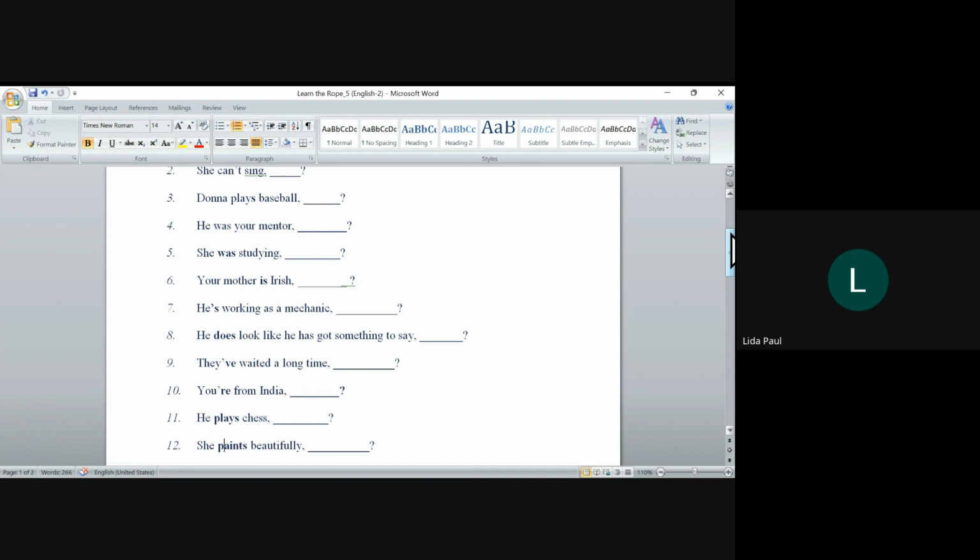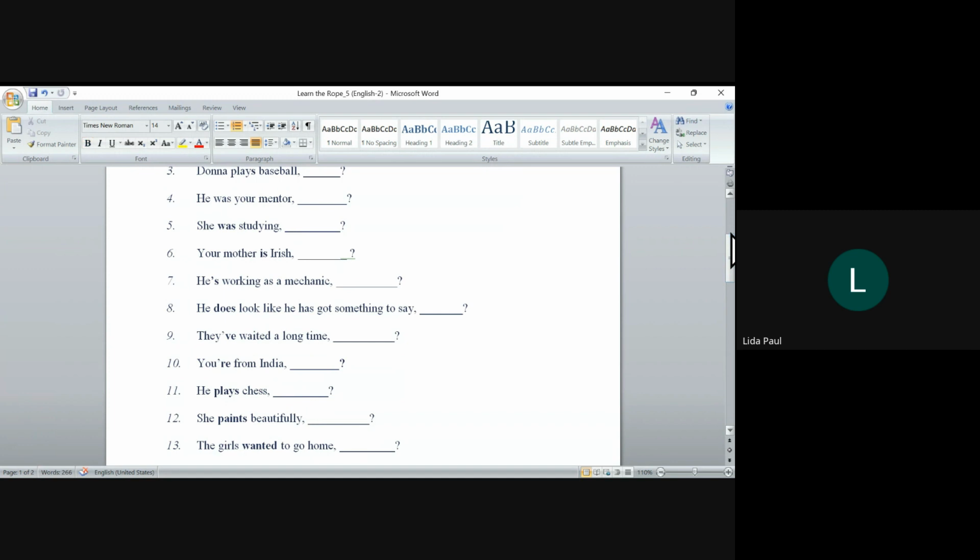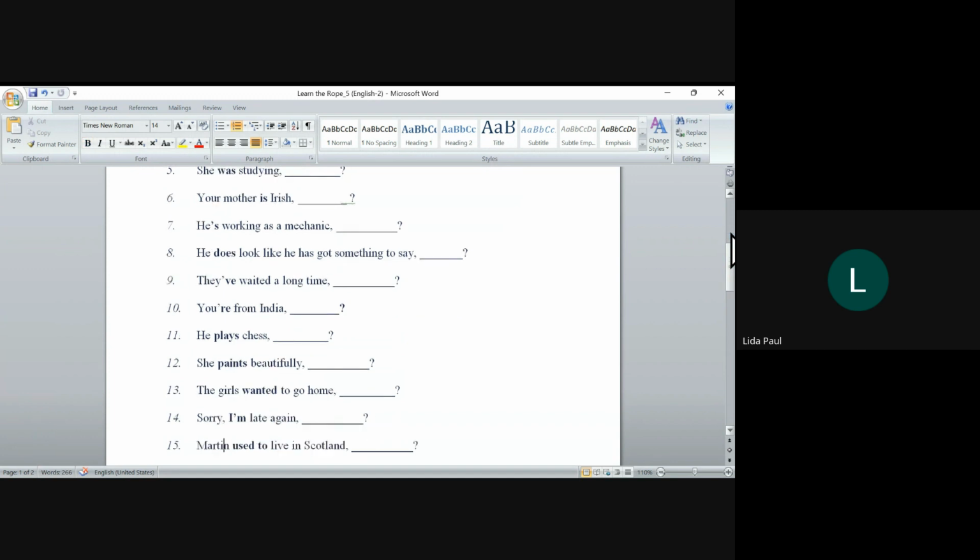Eleventh one. He plays chess, doesn't he? Because you have a main verb which is plays, you're going to use does because it is in the present tense and your subject is singular. Twelfth one. She paints beautifully.